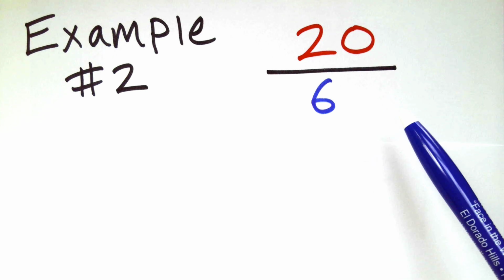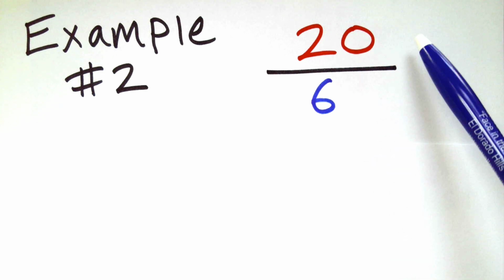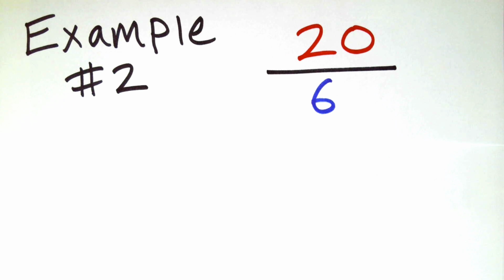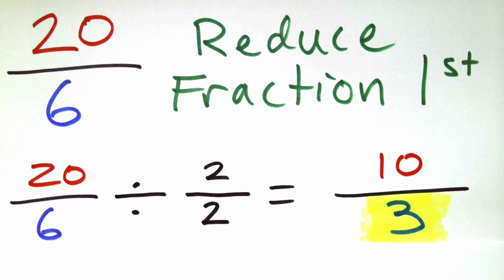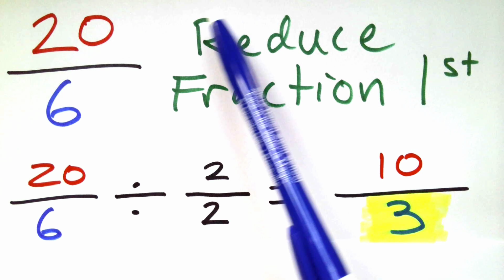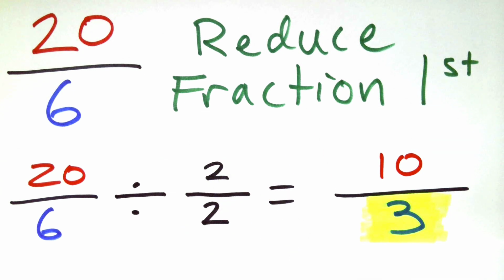What's the smallest even number that will be divided into top and bottom? Okay, so you must always try to reduce your fractions first, right? And so the smallest even number that can be divided into top and bottom evenly without a remainder is 2.